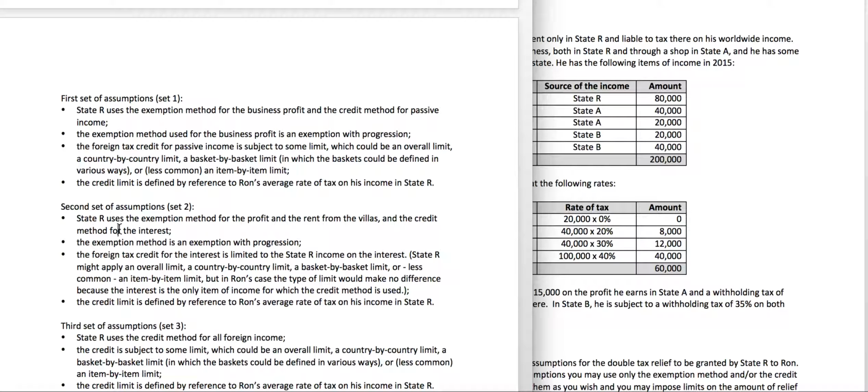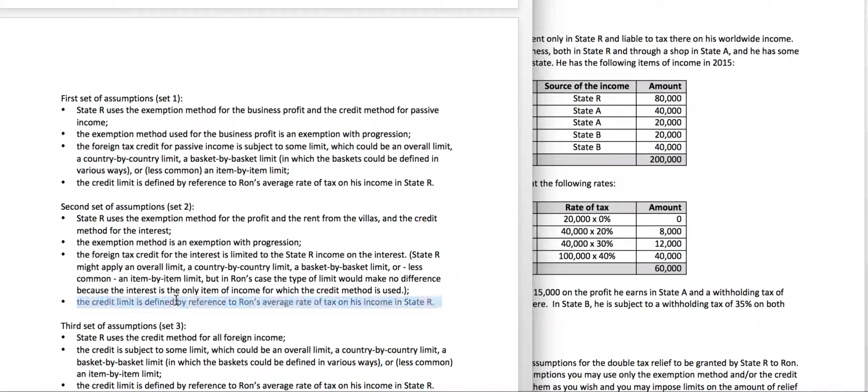The exemption method is an exemption with progression. The foreign tax credit for the interest is limited to the state R income of the interest. State R might apply an overall limit or a country by country limit. Again, we're just laying it out right now. But in Ron's case, the type of limit would not make a difference, because the credit is only for the item of income for which the credit method is used.